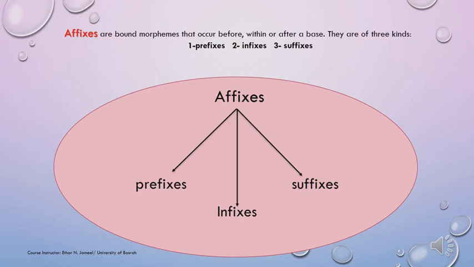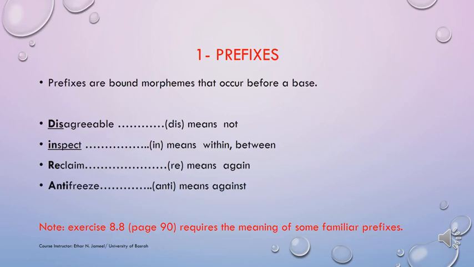Now let's talk about each one of these types. Now let's take the first type of affixes. The first type of affixes is represented by prefixes.